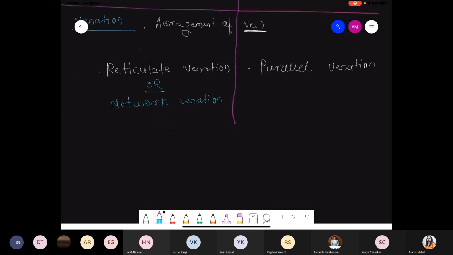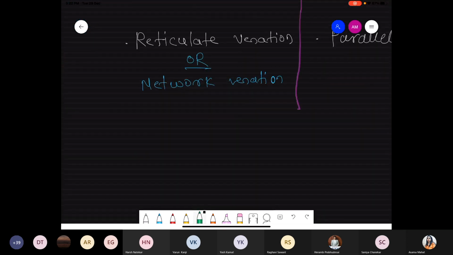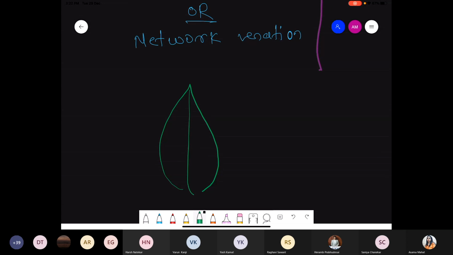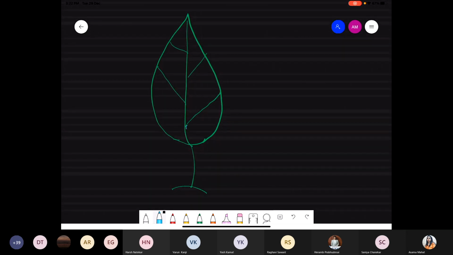Okay, so quickly we are taking the diagrammatic representation. Suppose this is a leaf, a simple leaf we are talking about. Now you know very well inside the leaf the mid veins are present, lateral veins are present, and inside the veins the venation is reticulate, like this.